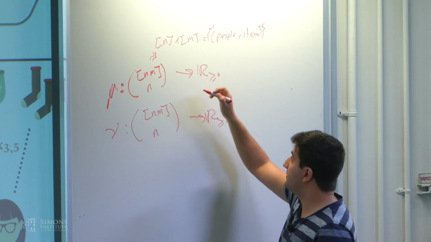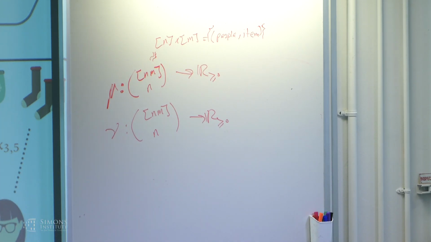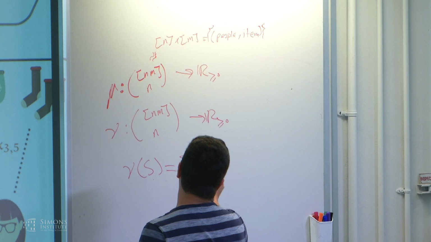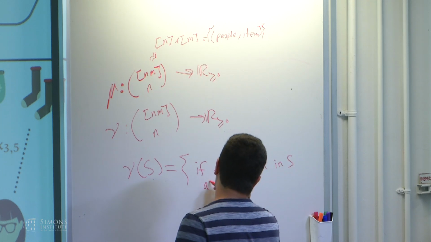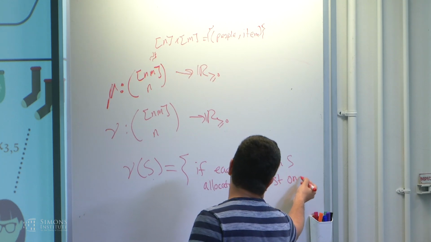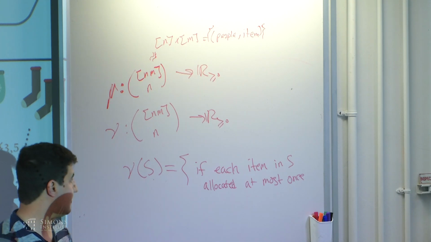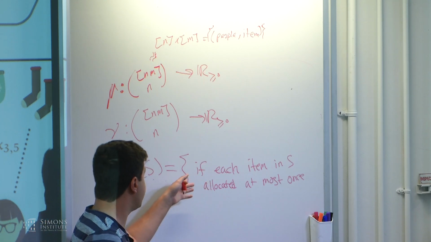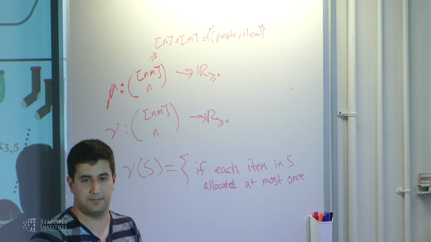So what nu is going to do for me is it's going to enforce this constraint: nu of S, for a subset S of people and items, is going to enforce that I'm only going to look at sets where no item is allocated to more than one person.